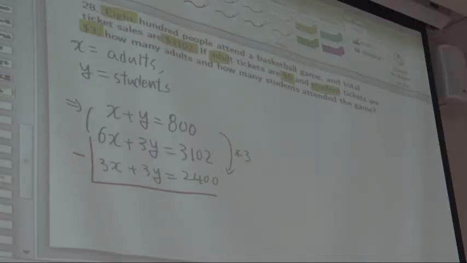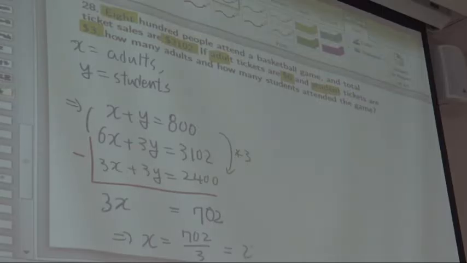The only way to remove the y is subtraction. So 6x minus 3x is 3x, and $3,102 minus 2,400 is 702.